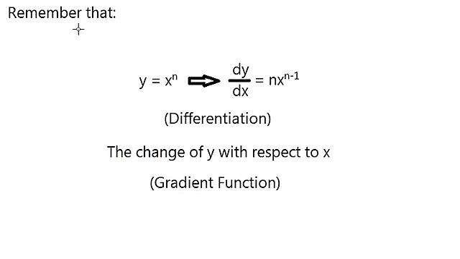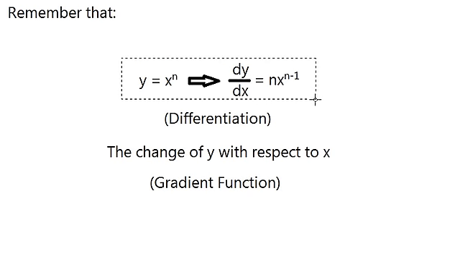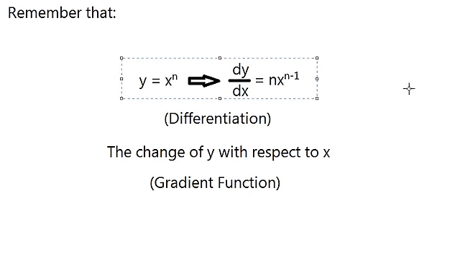You only need to know or remember this particular formula. It's just important to remember, and I don't think there will be equations for differentiation on the first page of the Further Maths exam. So this is something you have to just remember.